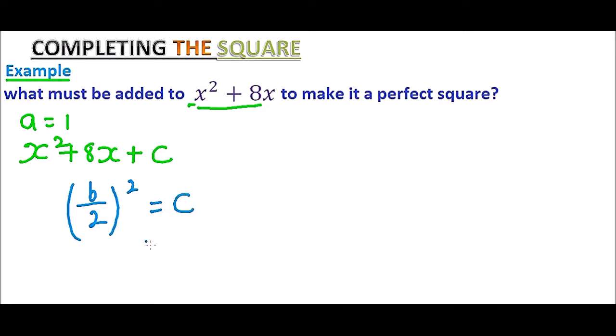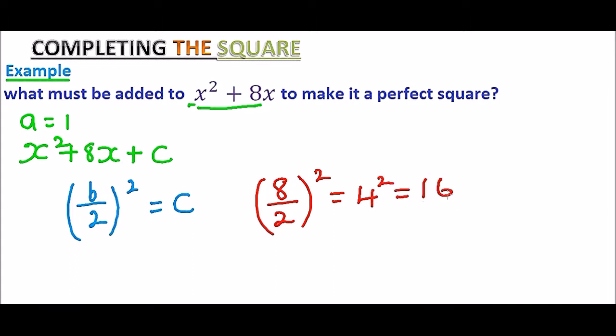So now that we have b, we simply say that (8 divided by 2) squared should be equal to 4 squared, which is equal to 16.